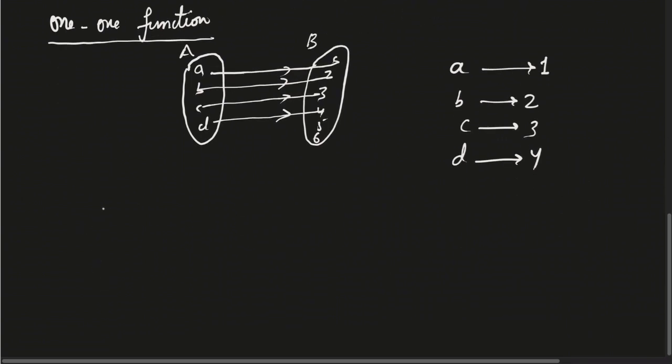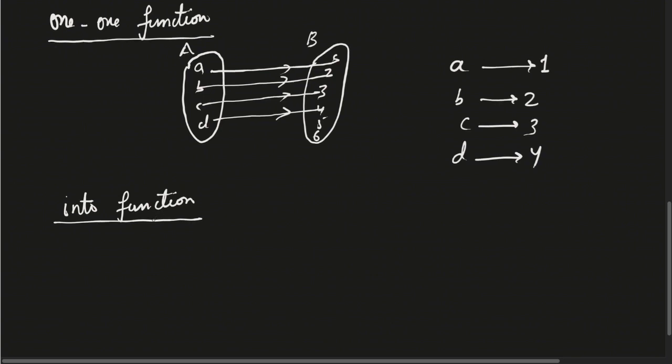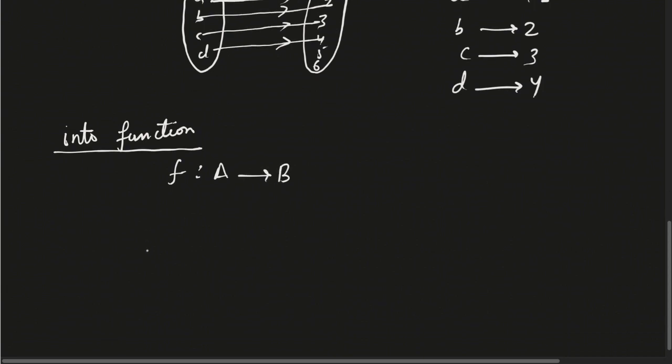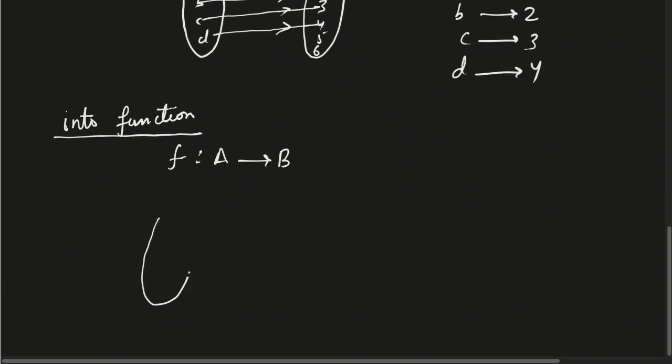Now we will move forward and see what is an into function. Now, similarly, let us suppose a function from A to B, where A is the domain set and B is the codomain set. And so, let us suppose this as set A and the elements to be 1, 2, 3, 4, 5.